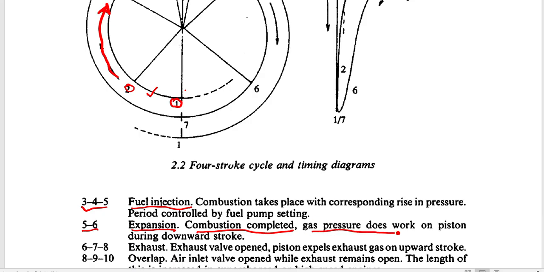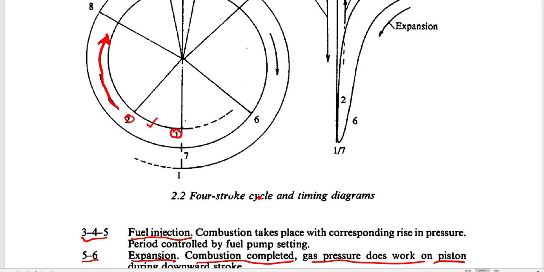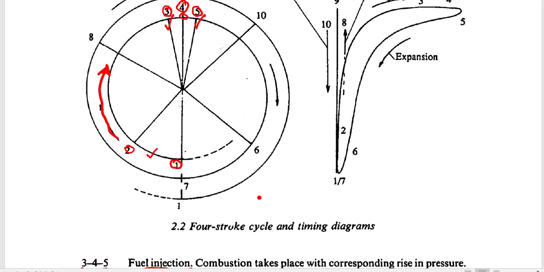Gas pressure does the work on the piston, and the piston has the downward stroke, from the TDC to the BDC. So 5 to 6 is the power stroke, where the combustion gases put pressure on the piston and it goes down.